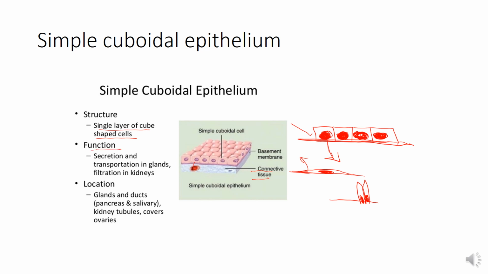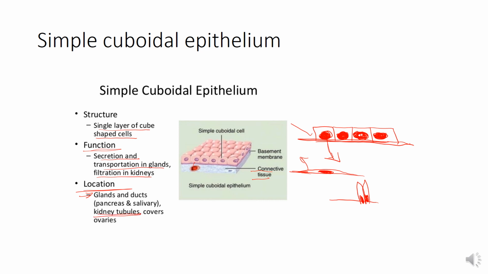Now, the function of the cuboidal cell is secretion and transportation in glands and filtration in kidneys. The location of the cuboidal epithelium is in the parenchyma of the glands and ducts of the glands, for example, pancreas, salivary glands, and kidney tubules.